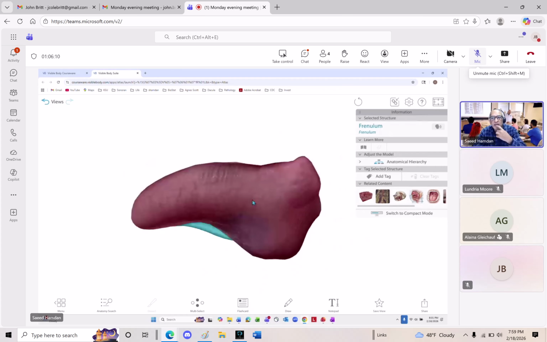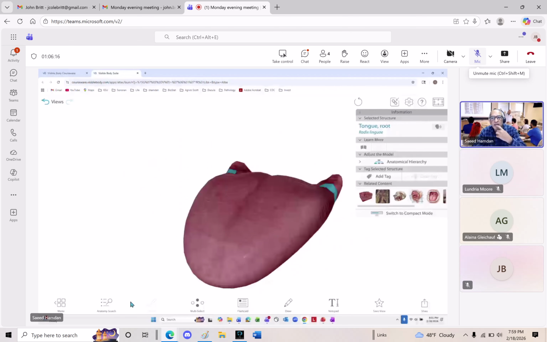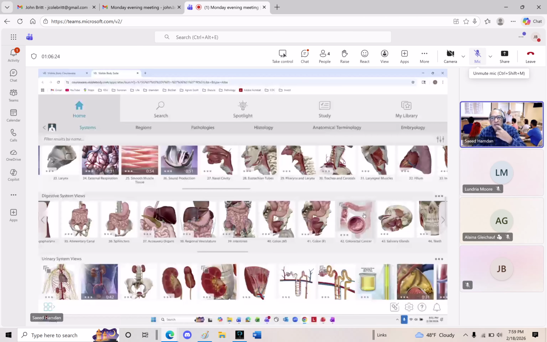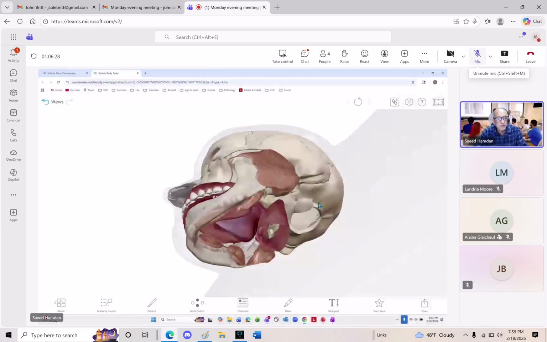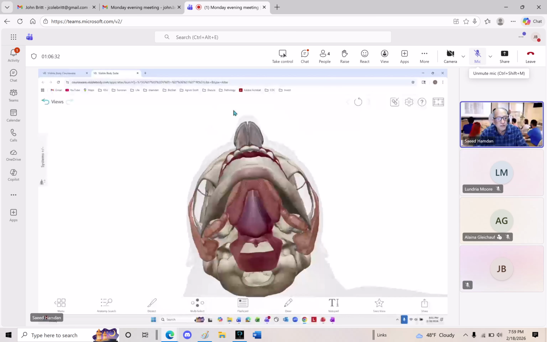Of course, about the root, yeah. But I'm sure there's a model to show the oral cavity, to show you the folds. This one.